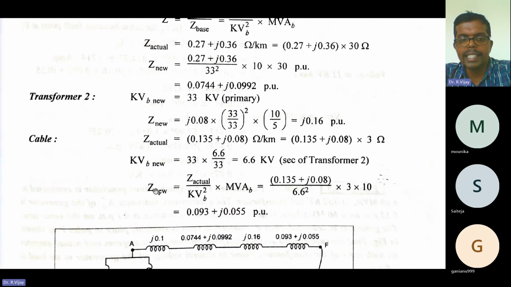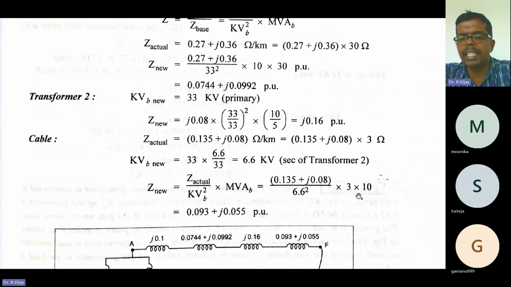6.6 kilovolt. Next, Z new is equal to Z actual divided by KVB squared into MVA base. Z actual, what we already calculated, that is 0.135 plus J into 0.08 into 3, you need to substitute here, divided by KVB squared. KVB new is 6.6, so 6.6 squared into MVA base.